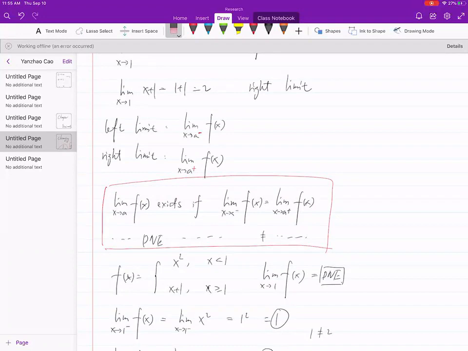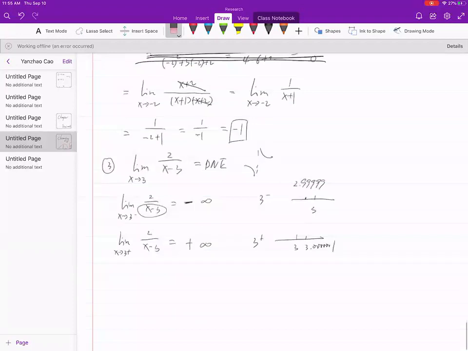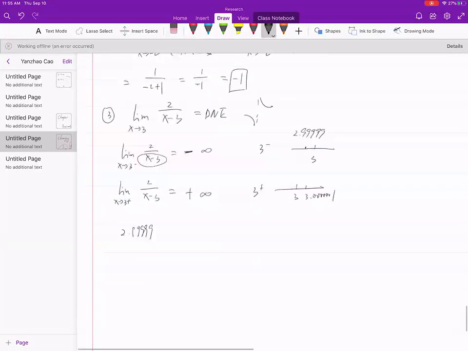Emma? For the 4th example, when we have the vertical asymptotes, I still don't really get how we figure out if they're positive or negative infinity when we plug in super close on each side. Let me do this one. Let's do it step by step. Do you understand why I picked 2.9999? Then we just need to roughly do 2 over 2.9999 minus 3.